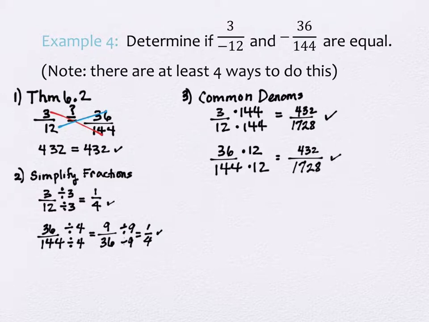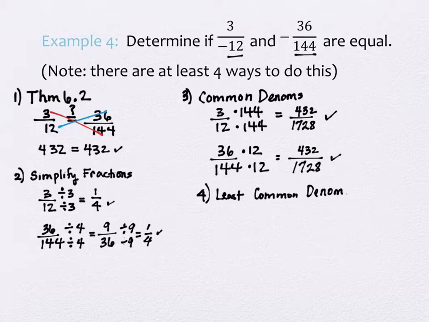Fourth option, and again, there's probably others we could consider too, but as long as we're sticking with fractions, these are 4 good ones. We could look at a least common denominator. That's actually pretty simple on this one to see because of what the denominators happen to be. 12 and 144 have something already that you know about them.